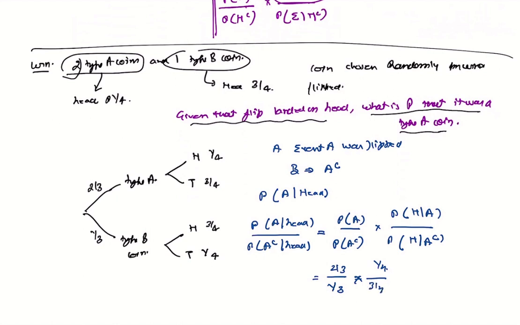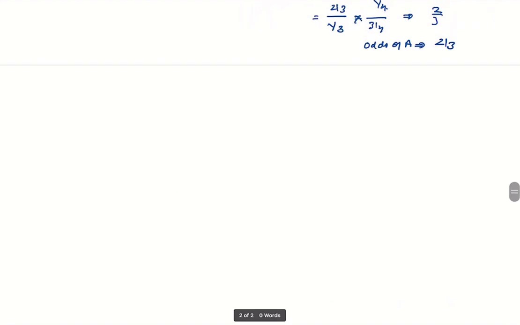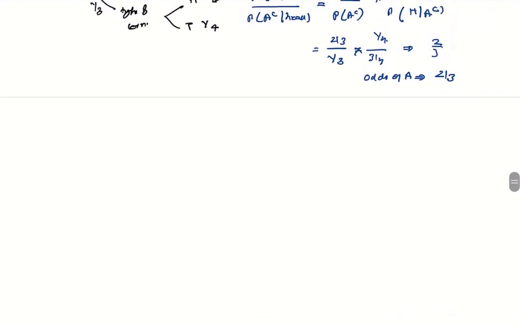So we get that the odds are 2 by 3. We only know the odds of A given head.